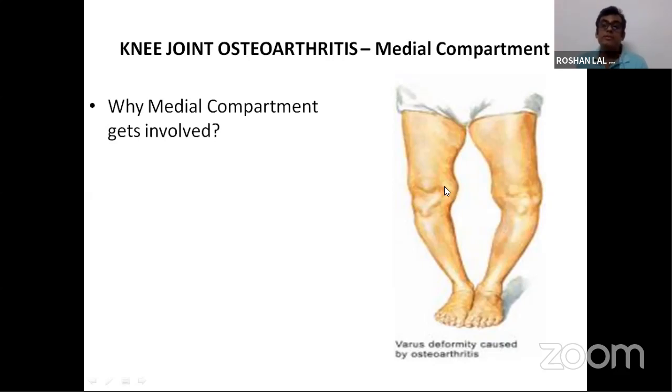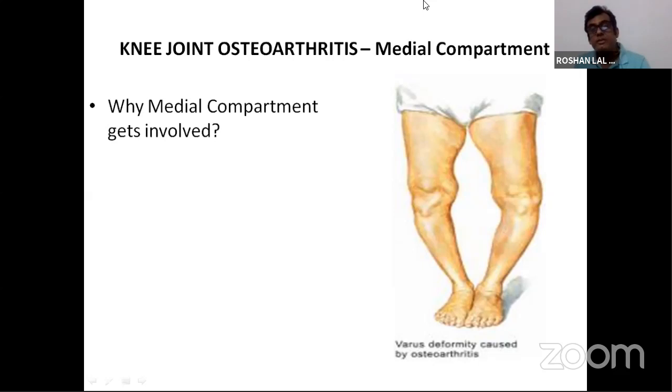Because of reduced cartilage thickness, these medial compartment bones come together, and that results in varus deformity of the knee joint. So the medial compartment is involved because it transfers more weight, and because of this, there is varus deformity.